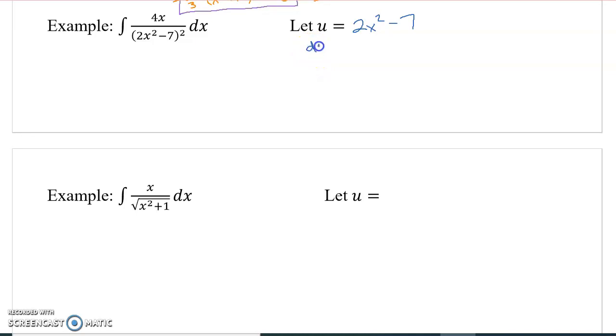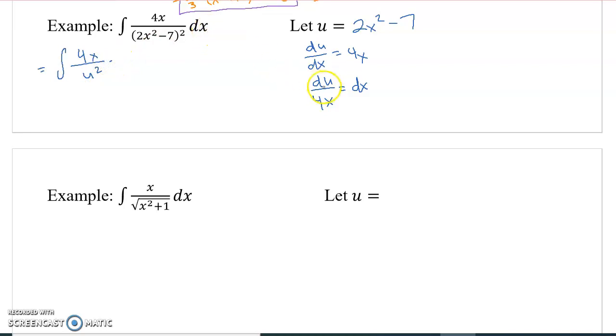Remember that all of these are just reversing the process of differentiation. Anyway, the derivative of u with respect to x is 4x, and then that means that du over 4x equals dx. If I just multiply both sides by dx and divide both sides by 4x, I'm going to get dx equals du over 4x. So I can rewrite this integral as 4x on the top divided by not this whole thing squared, I'm just going to call it u squared.